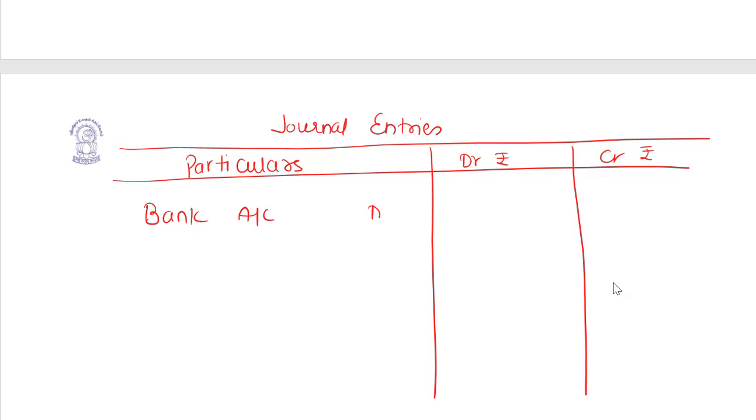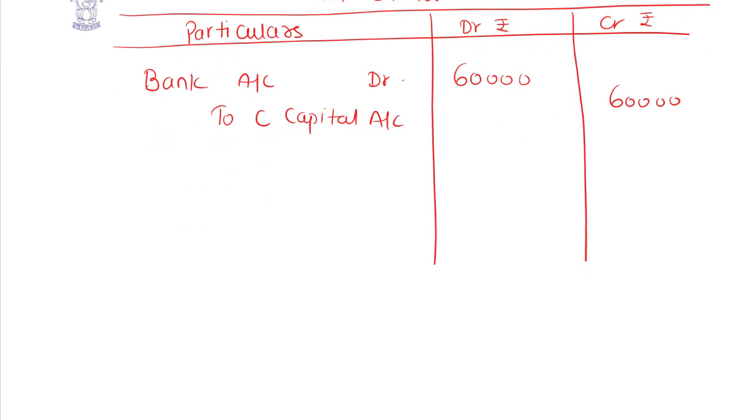Bank account debited 60,000 to C's capital account 60,000, being cash brought by C for 1/3 share.